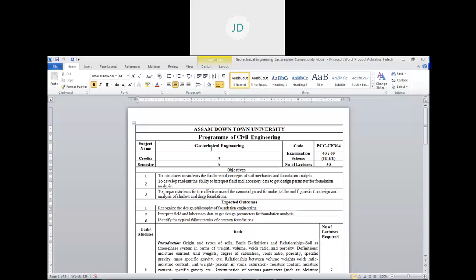Anything related to civil engineering, any man-made structure you can see, is built on what? They are built on earth. That means built on the surface or on soil. Am I right? So along with the study of your civil engineering structure, you have to study the soil also.